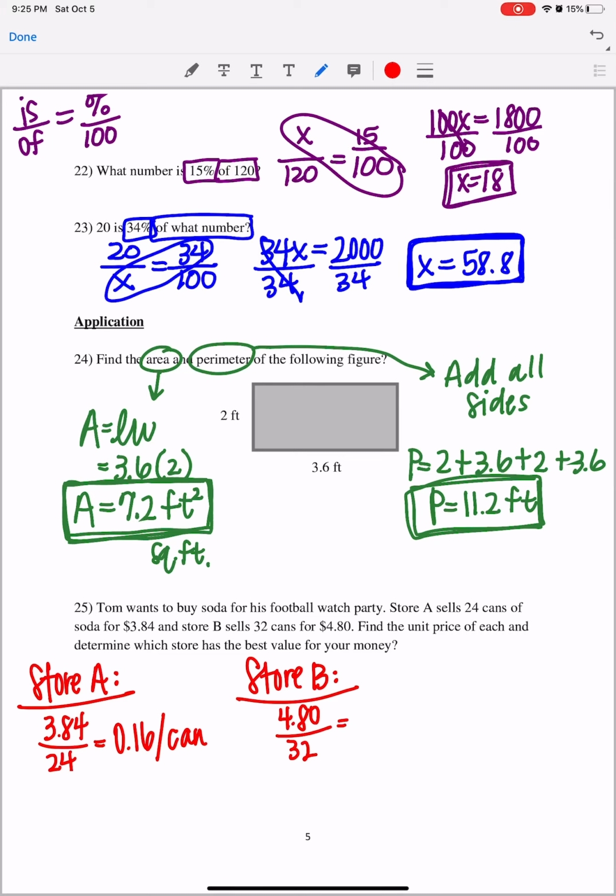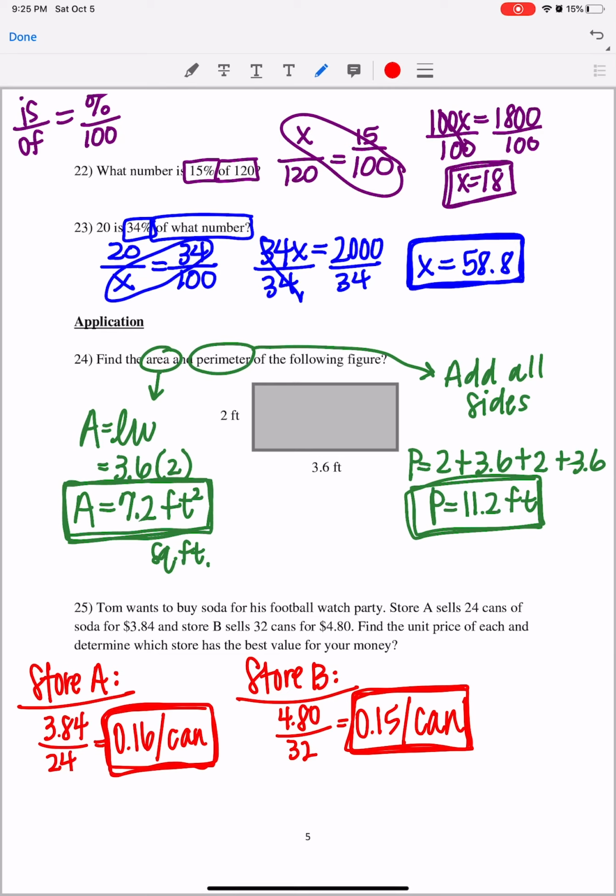And we get 0.15, so we're paying 15 cents per can. Okay, so that's the first part of this question. It wants us to find the unit price of each. So those are my unit prices for each store.